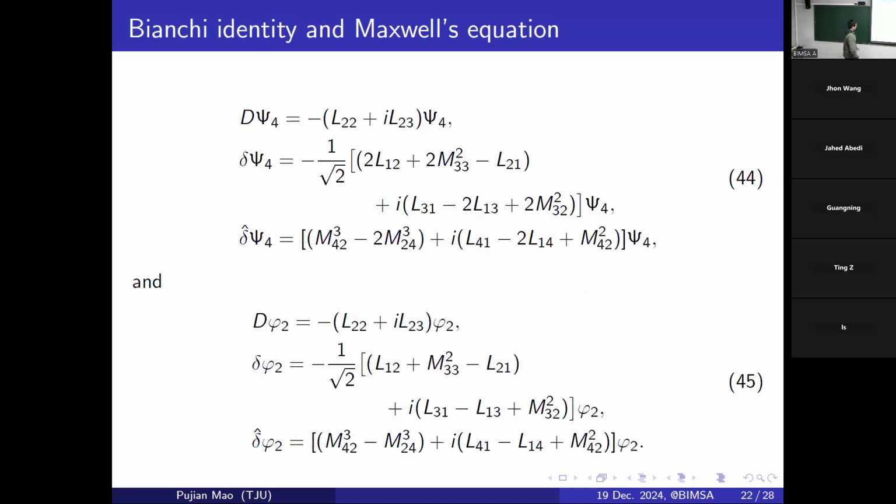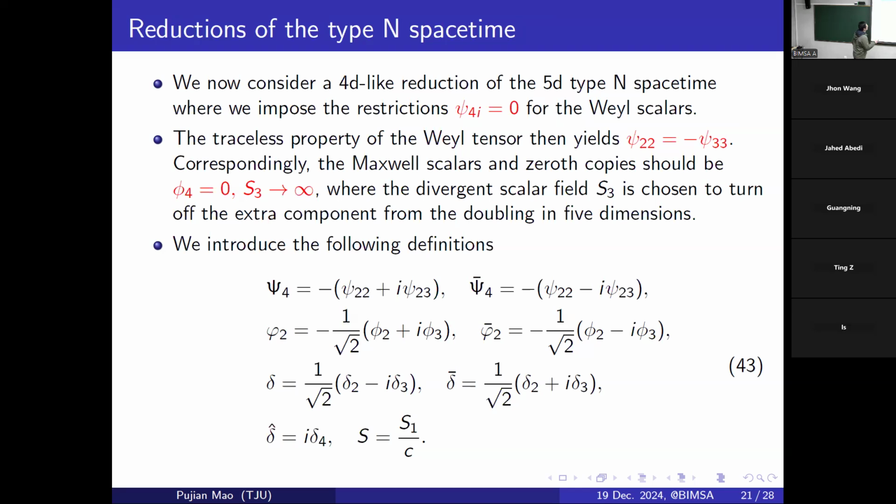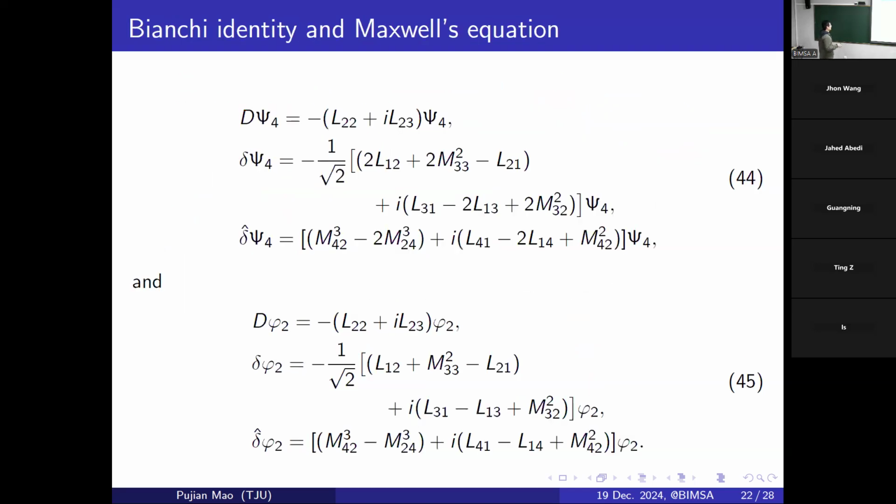And then we turn off some of them, and there will also be corresponding conditions for the small phi, plus some conditions for the scalar fields. Anyway, in the end, in the reduced case, we only have these two groups of equations. It looks very much like the 4D case, but there is one extra equation from the extra dimension in 5D.